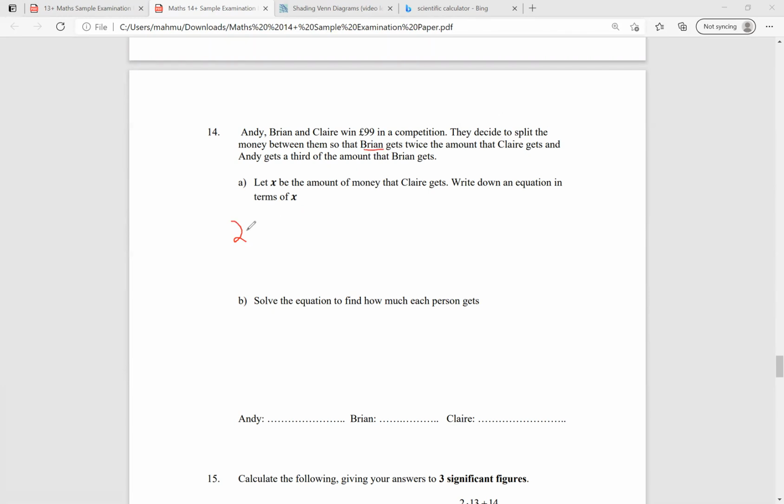Brian gets 2 times what Claire gets, Claire gets x, and Andy gets a third of what Brian gets, so a third of 2x.